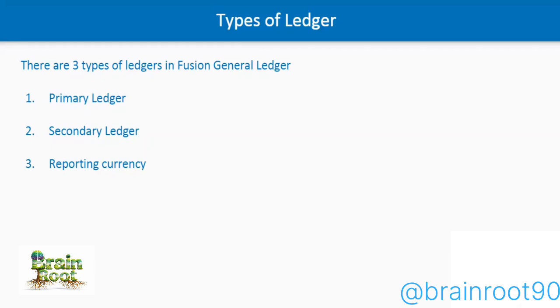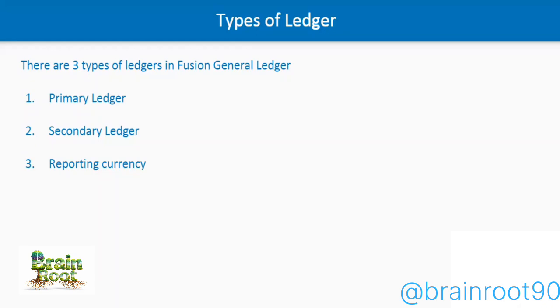Hello, assalamu alaikum. Walaikum assalam. For the secondary ledger, when you have a requirement, for example, for different GAAP or for IFRS or any different currency or any different chart of accounts, the 4 Cs, when any one of the 4 Cs is changed, we need to create a secondary ledger.